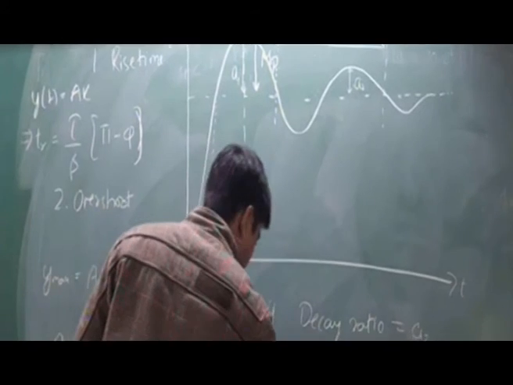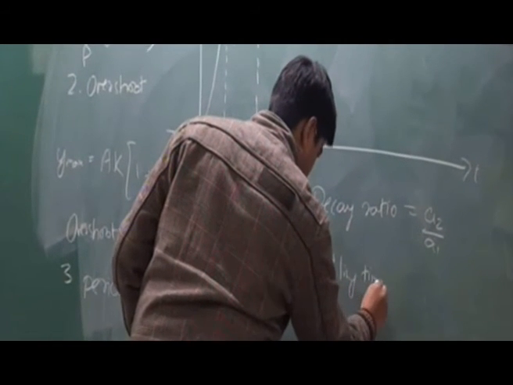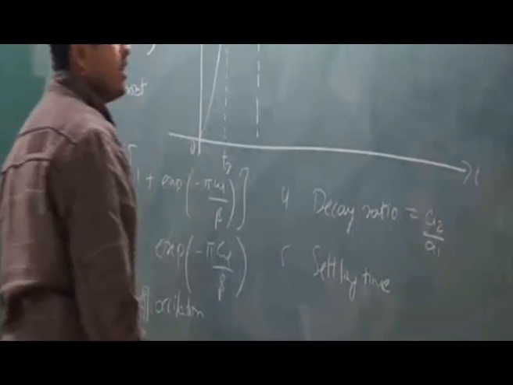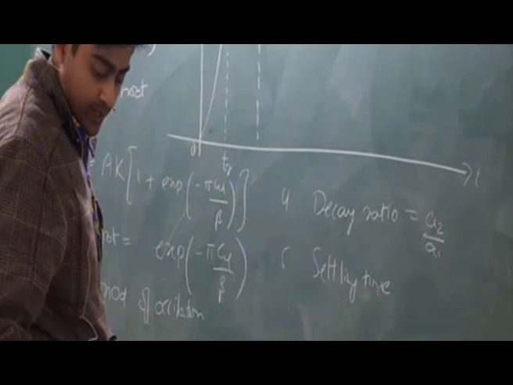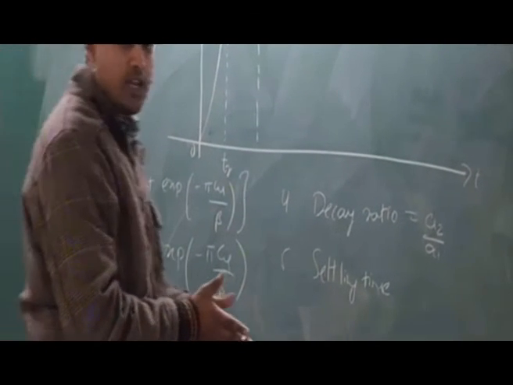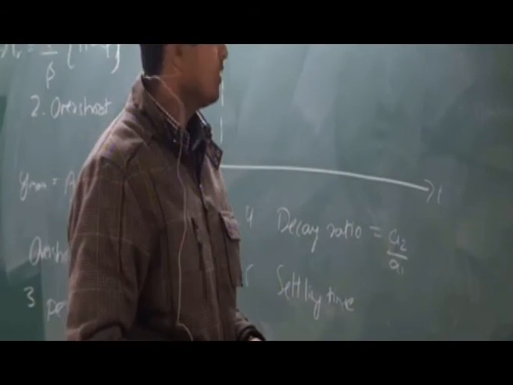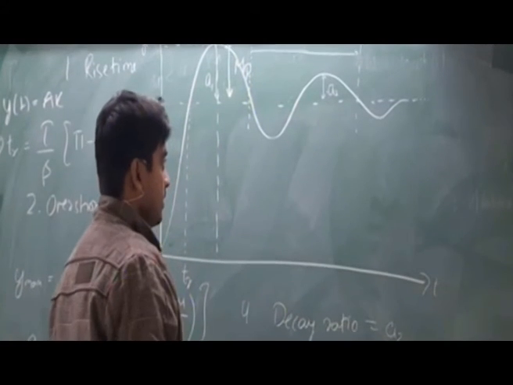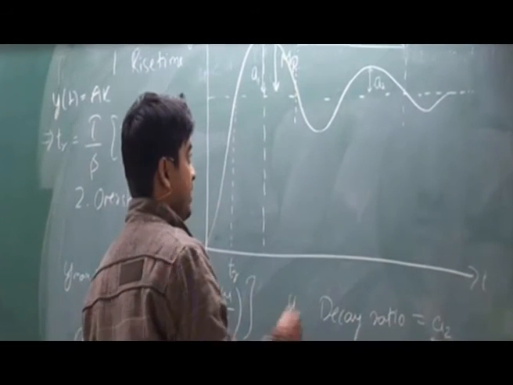Now the last one is the settling time. Settling time is basically a somewhat arbitrary quantity, in the sense that it depends on the desired specification of the system for which you want to design the control. But the most accepted definition for the settling time is this.